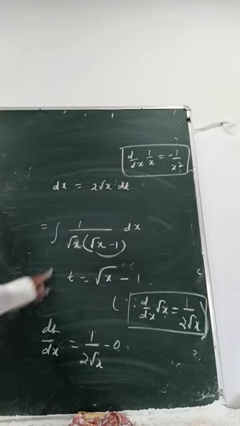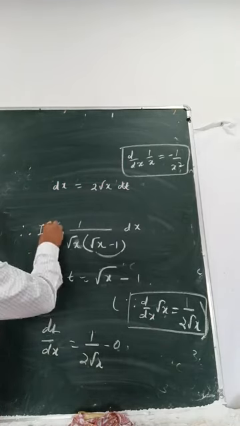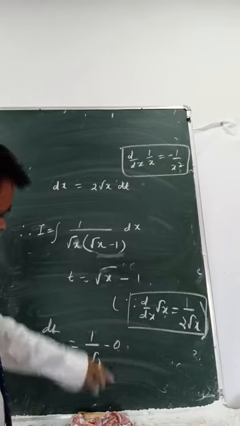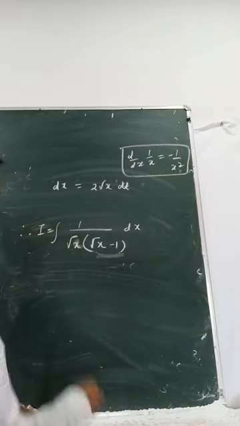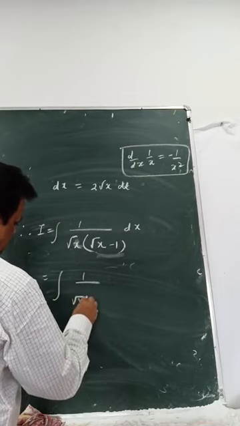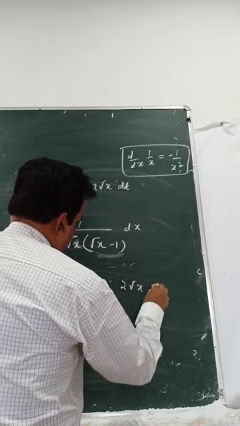Okay, back to your question, I equals 1 by root x. This is only t I have taken. So I have to write 1 by root x here, and here is t, here is 2 root x dt.